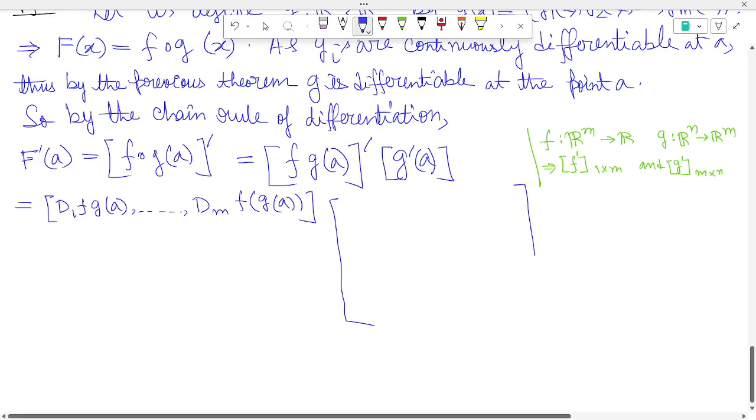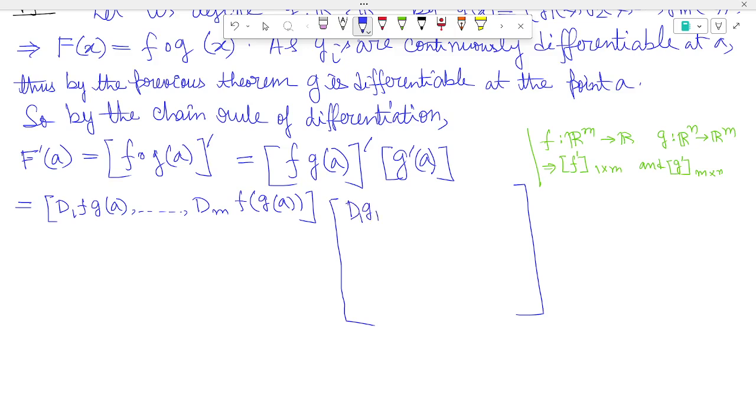They are D1 g1 A, up to Dn g1 A, that is the 1 comma nth entry.